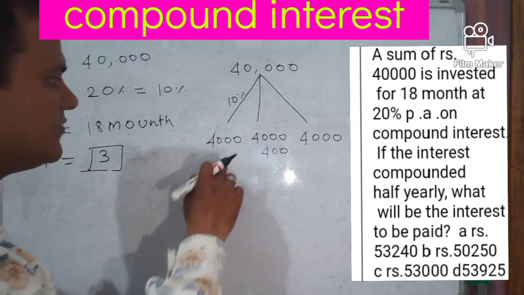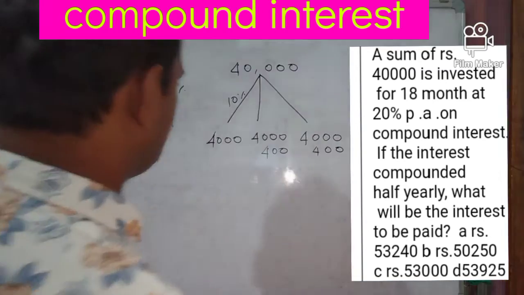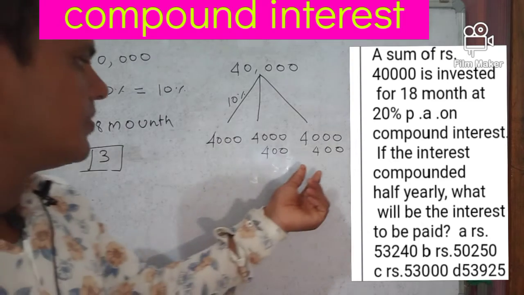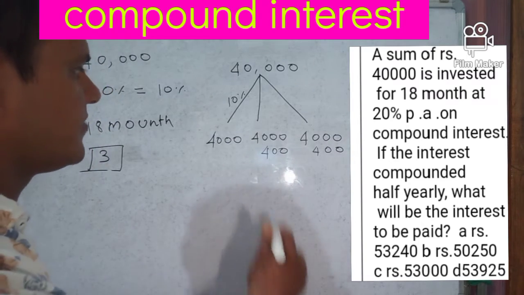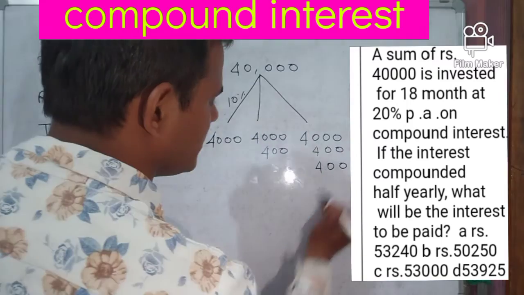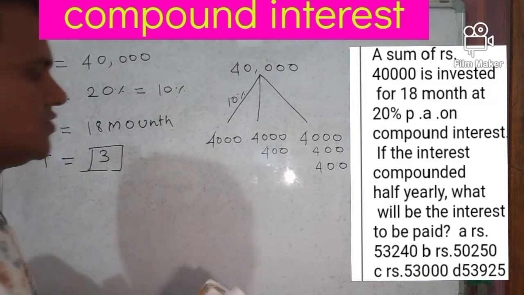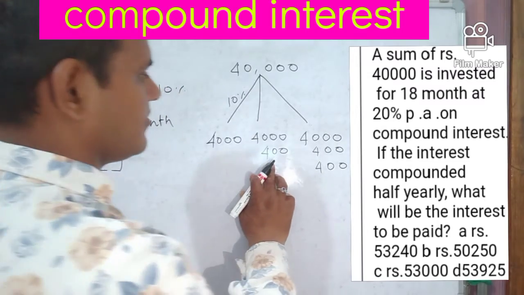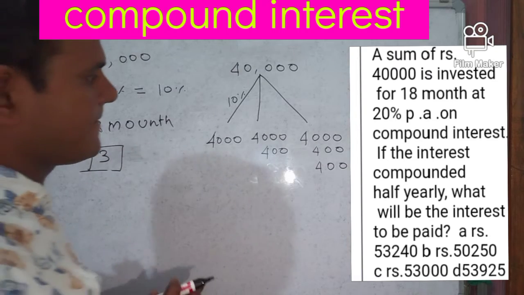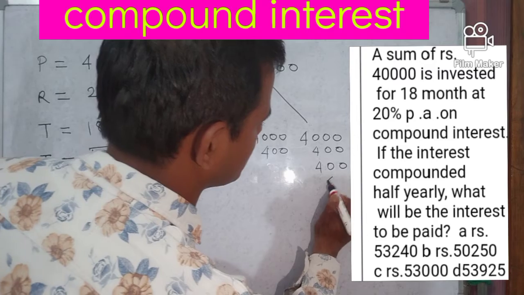So also it will come from here 400, because 4,000 at 10% will come 400. Also from here comes 400, and also it will come from here. So what will be 10% of 400? It will be 40.